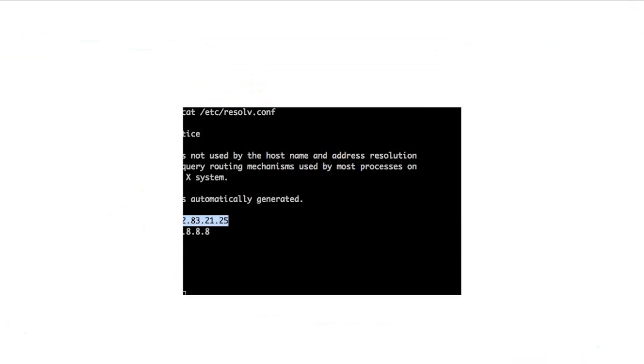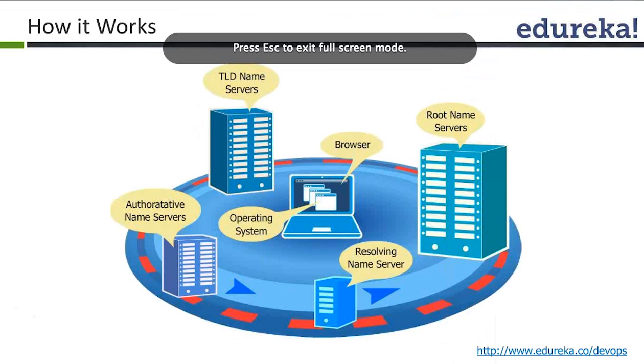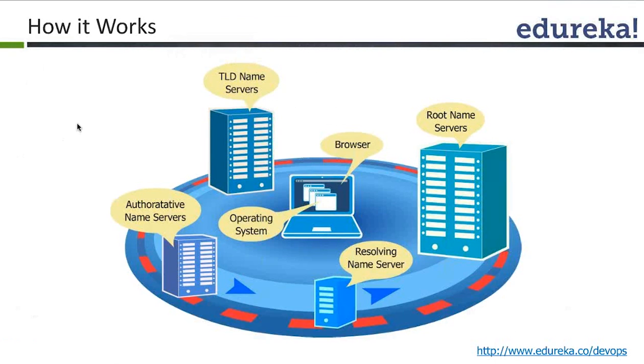Now when you type www.google.com from your browser, the first server it is going to hit to get the IP address of this machine called google.com is what is called the root server.